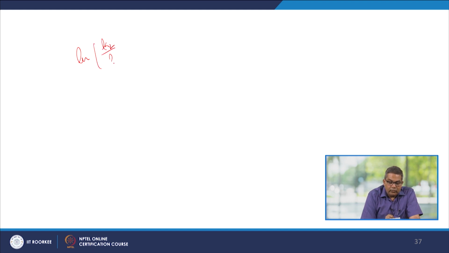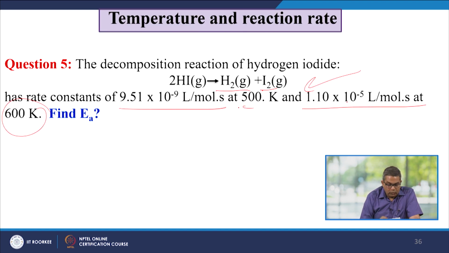ln K2 over K1, which is equal to minus EA over R into 1 upon T2 minus 1 upon T1. Remember, here T1 and T2 are given and you have the rate constants.